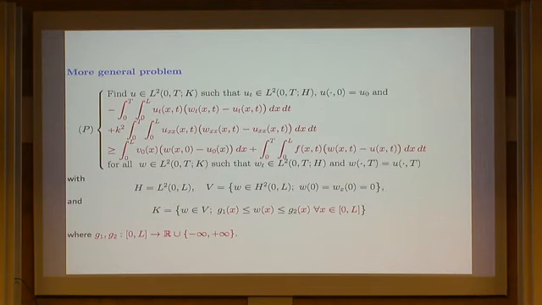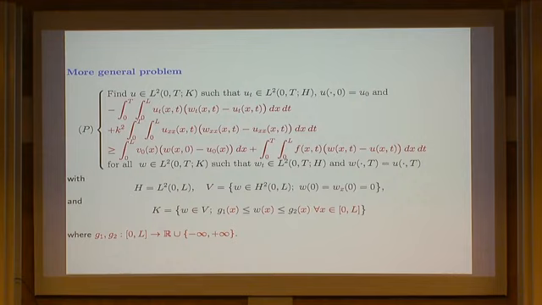So we begin by another formulation of the problem, which is slightly more general, since we have replaced the previous definition of K by something which allows us to take into account any kind of physical setting for the obstacles, with two mappings, G1 and G2, which characterize the obstacles and which can take infinite values. So with infinite values, we can consider that we do not have any obstacle at the point x. Otherwise, when we have finite values, we have an obstacle at the point x.